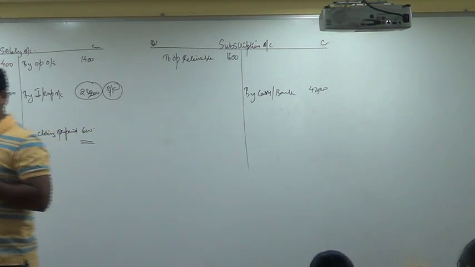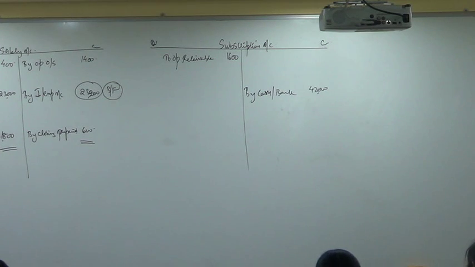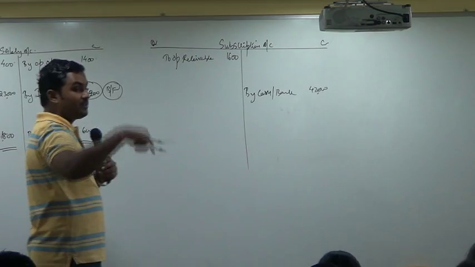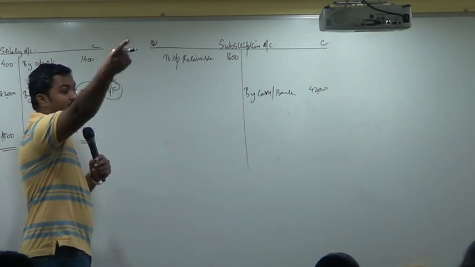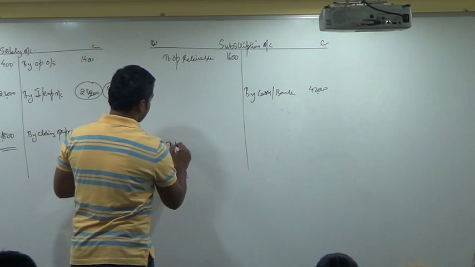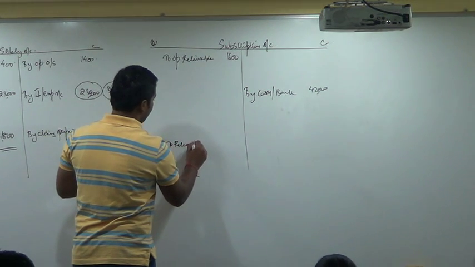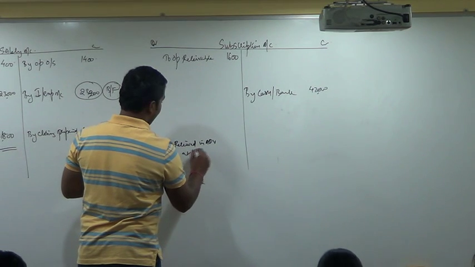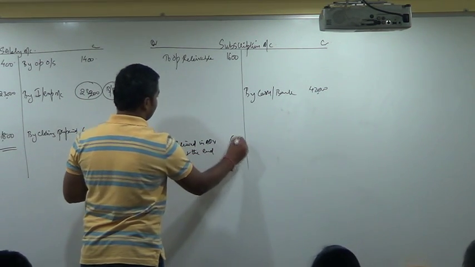Opening receivable 1600. And when we analyze this 42,000 further, we came to know that 600 belongs to the next year. Income received in advance at the end, how much? 600.